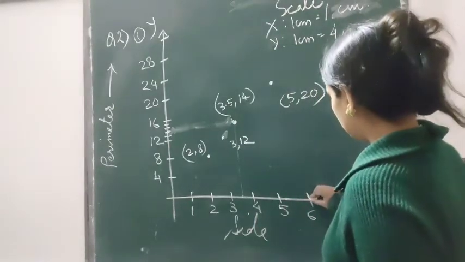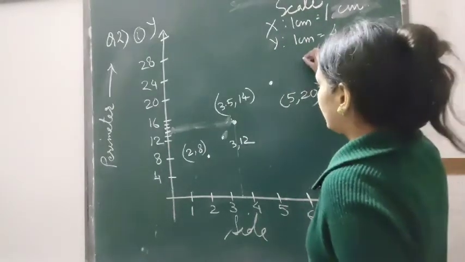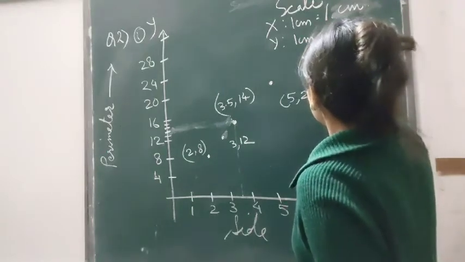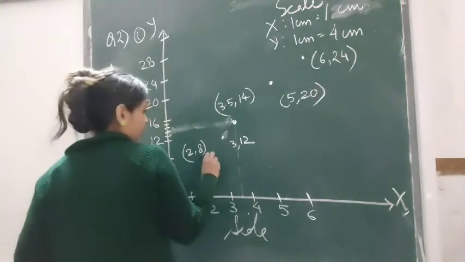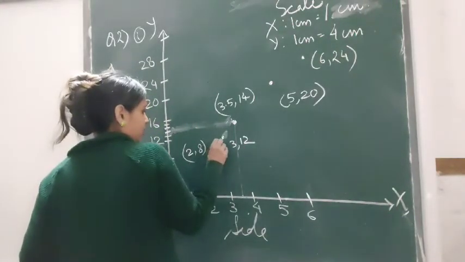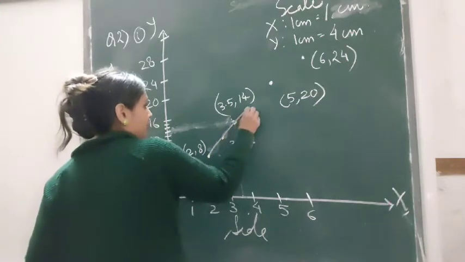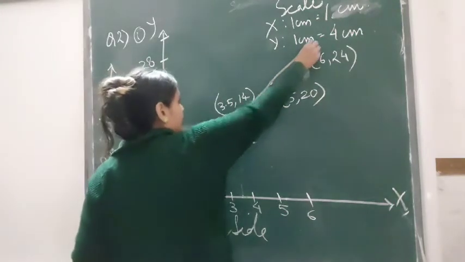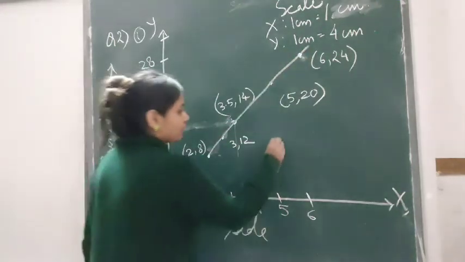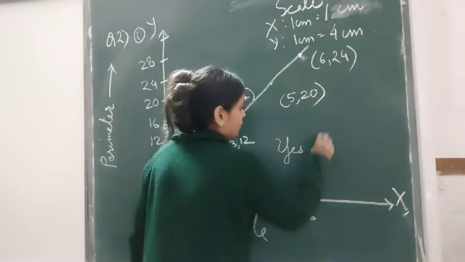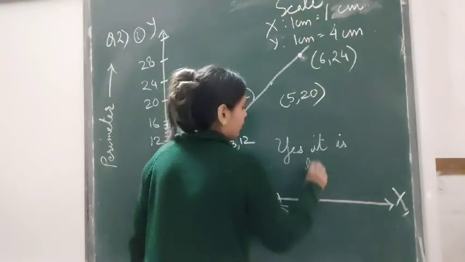This is 6 and this is 24. So we join it now. Is it a linear graph? Yes, because we can draw a straight line. Children, it will come somewhere here. So yes, it is a linear graph.